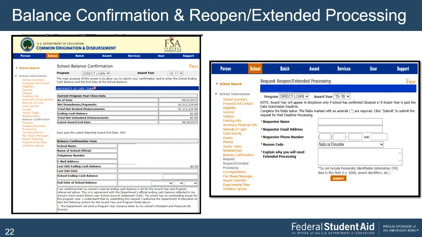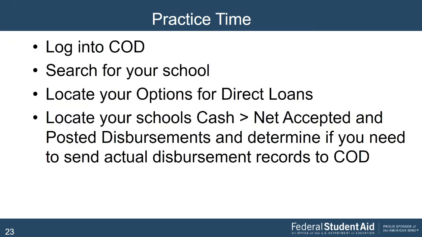You put in your reason why you need to reopen the year so you can make another adjustment, and click submit, and an email shoots off to, not Jen, but one of Jen's coworkers. And they'll go ahead and they'll review the reason, and then they will reopen the award year for a short period of time for you. You'll get an email, and then you can go make your adjustments and then re-close out on the balance confirmation screen. Make sense? Okay, great.